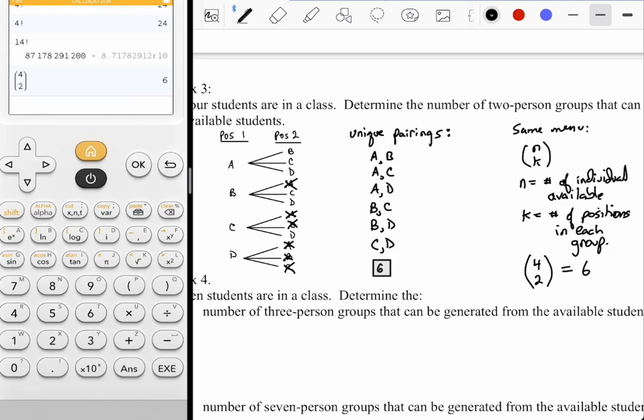The benefit of something like this is if I had 40 people and I want to put them in groups of 5, it's going to spit out the total number of possible combinations that I could have.